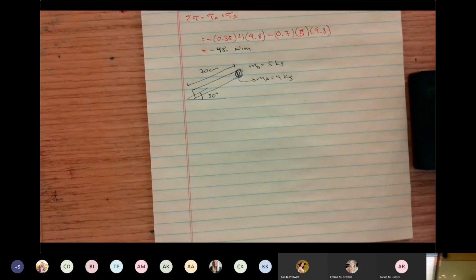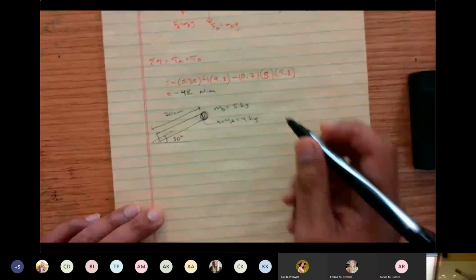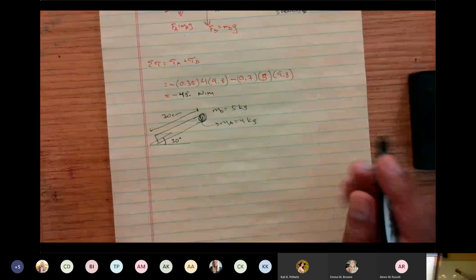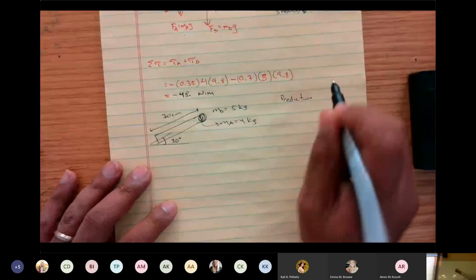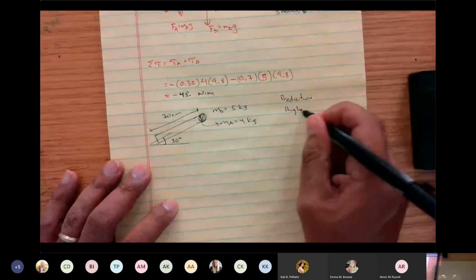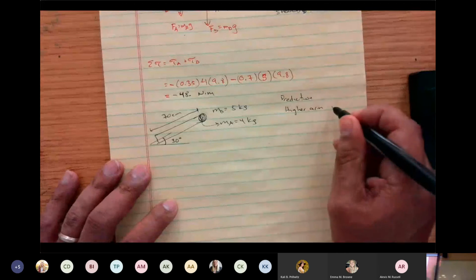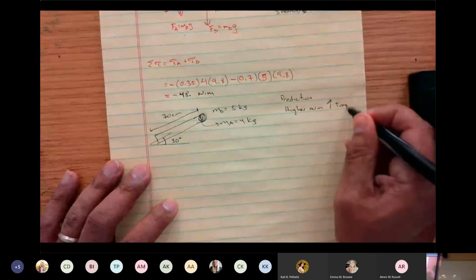Which one is gonna have higher torque? Okay, so this is the prediction: the higher your arm, the higher the torque.